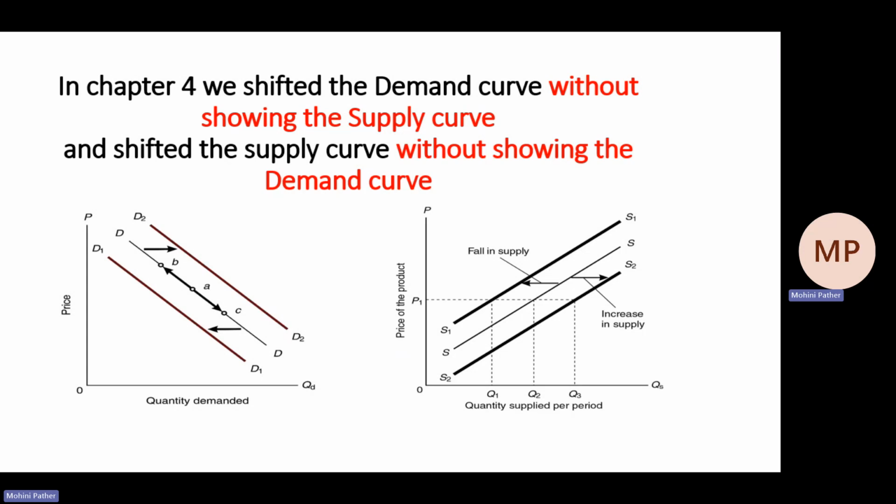So we shifted the demand curve to D2. If, however, the demand was entirely determined by a shift in price, then it would simply be a movement along the original demand curve. In other words, from point A to point B, or from B to C, or A to C.